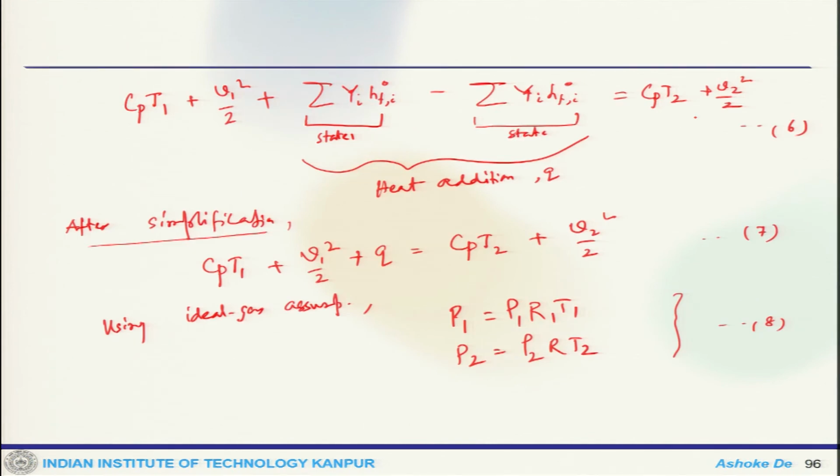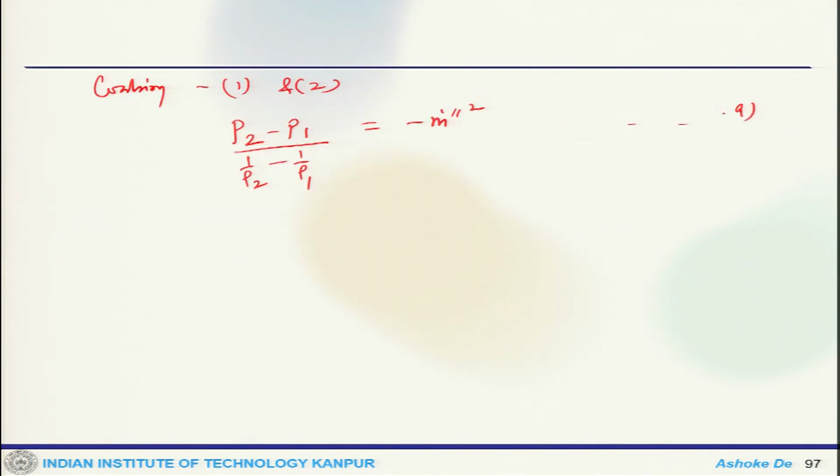Now combining equations 1 and 2, we get P2 minus P1 divided by 1 by rho 2 minus 1 by rho 1 equals minus m dot square. This is my equation number 9, and that actually gives you an equation for the Rayleigh line.